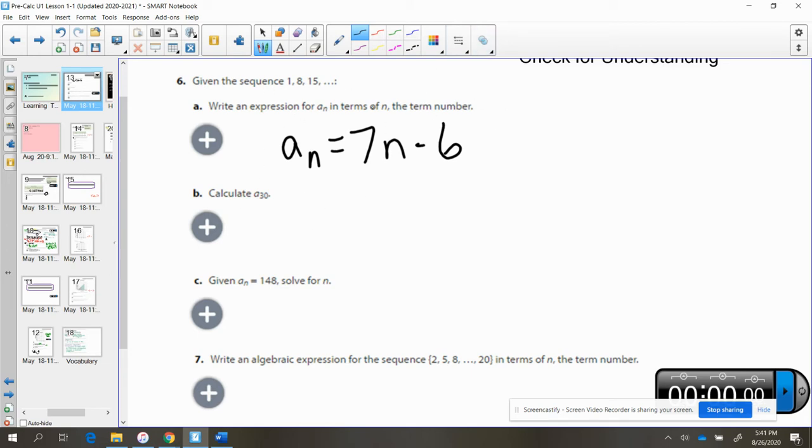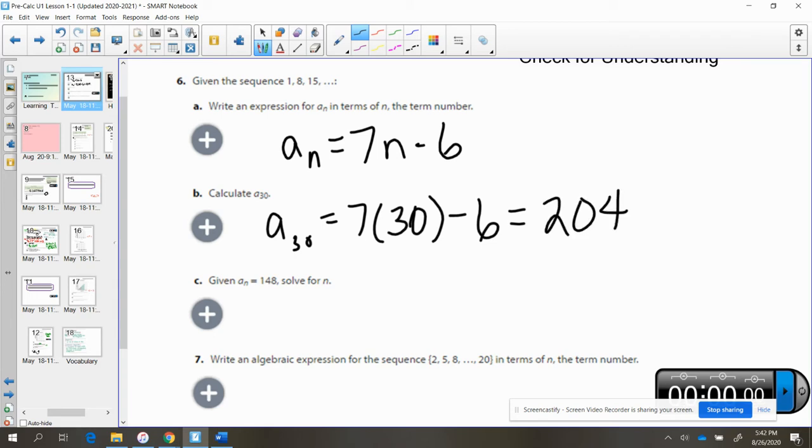Now, once you have this expression, it makes it much easier than listing out all of the terms to calculate the 30th term, because all we have to do is plug in 30 for n in a sub n, and we can calculate our value, which should be 204.